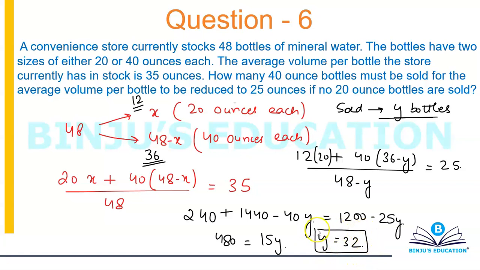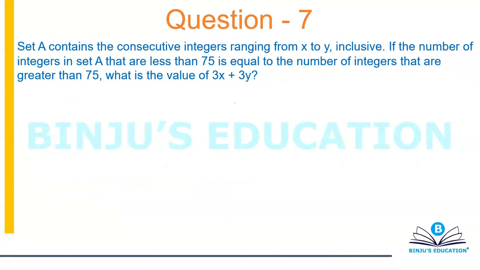So how many 40 ounce bottles must be sold? 32 bottles of 40 ounces must be sold in order for the average to come down to 25. All right, try question number 7.